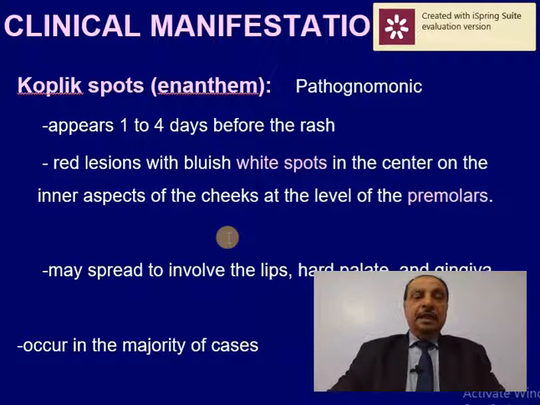So if you find the Koplik spots, you will swear that this is measles, and you isolate the patient and tell them to wait 1 to 4 days for the appearance of the rash. What are Koplik spots? There is a red lesion, which is congestion of the mucous membrane, with bluish white spots in the center on the inner aspect of the cheeks at the level of the premolars.